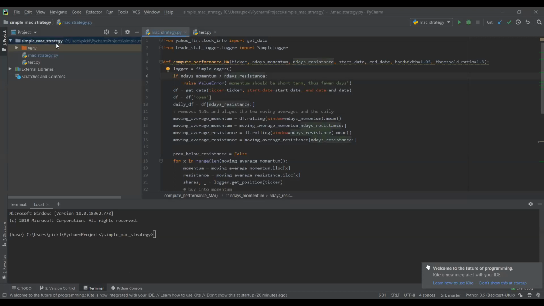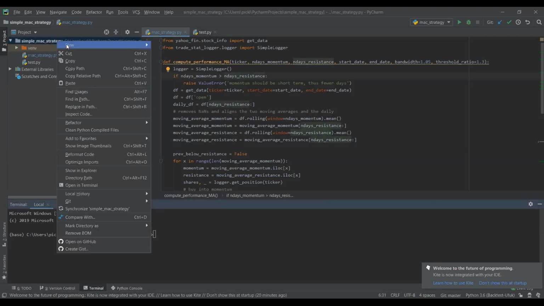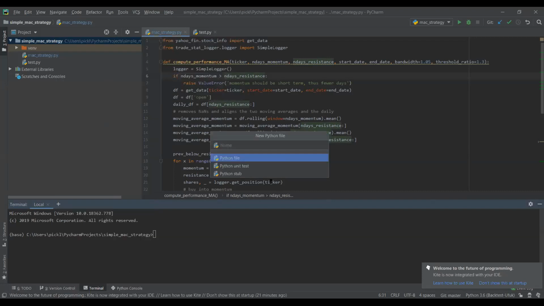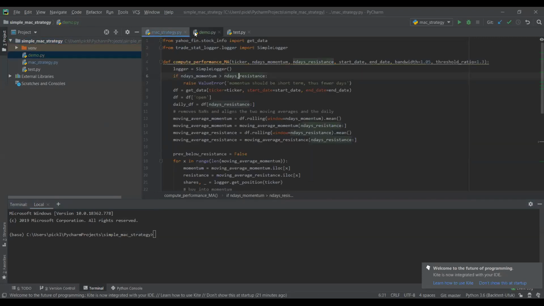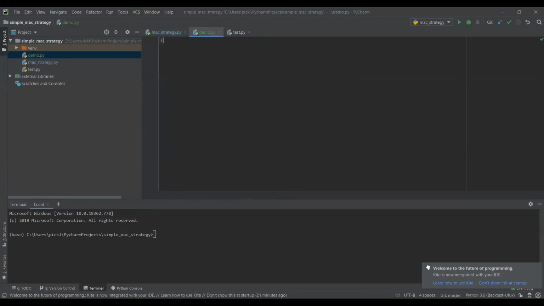The first thing I'm gonna do is create a new Python file. First, we're gonna do some imports. Yahoo Fin is a third-party library written by someone.